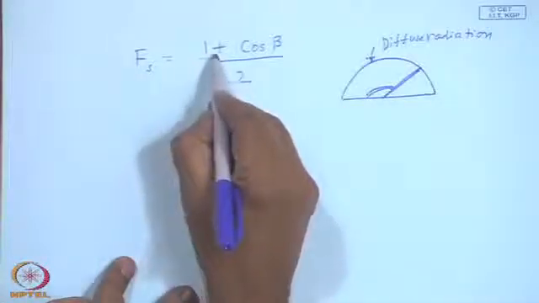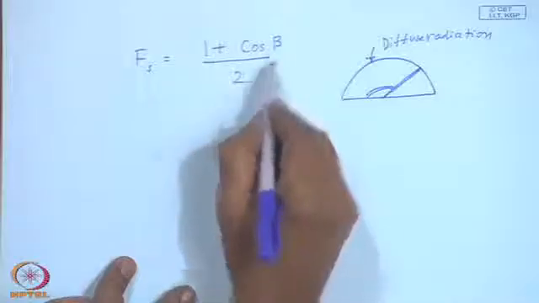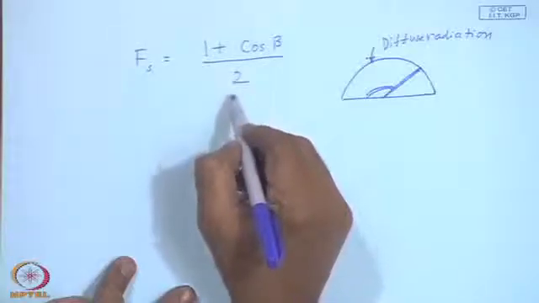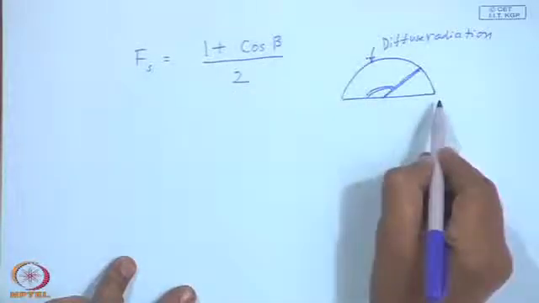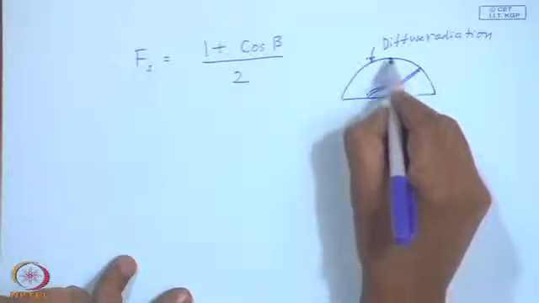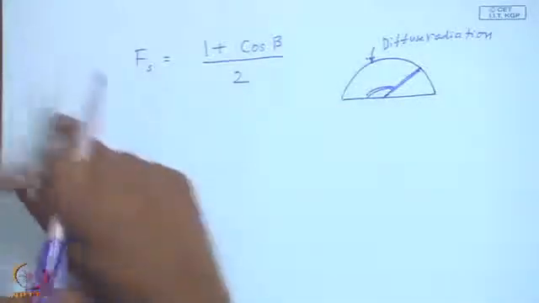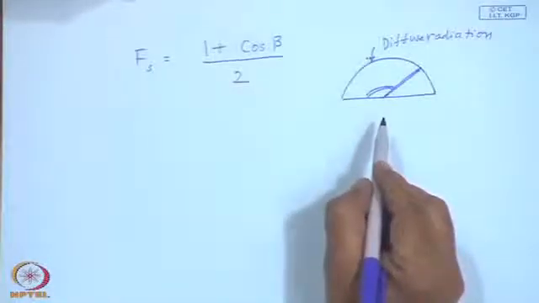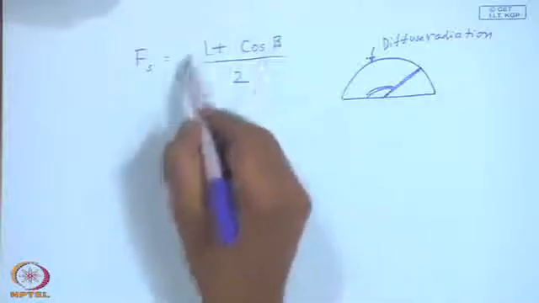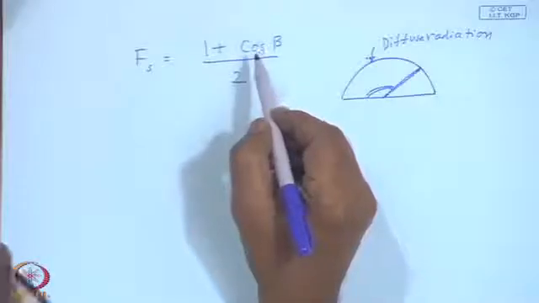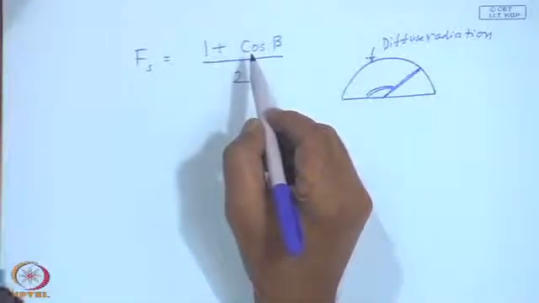So, you will have this factor 1 plus cos beta by 2, and if you make beta equal to 0, this 1 plus 1 by 2 equal to 1. That means, if it is a horizontal surface, it will receive in full the diffuse radiation, and again if you have a vertical surface, beta is equal to 90 degrees, making this as 1/2. So, a quadrant of that will make it receive only 1/2. So, sufficient to understand this 1 plus cos beta by 2 comes as a factor associated with the diffuse radiation, which basically is a sector proportional, assuming the diffuse radiation to be isotropic.